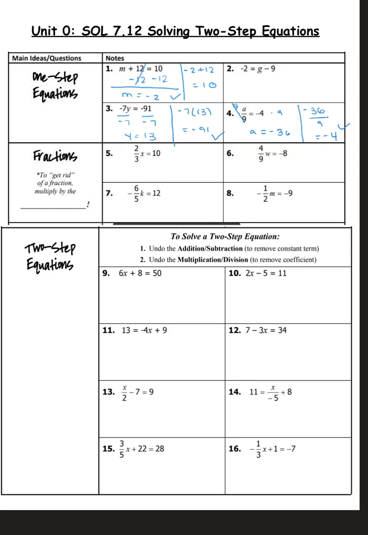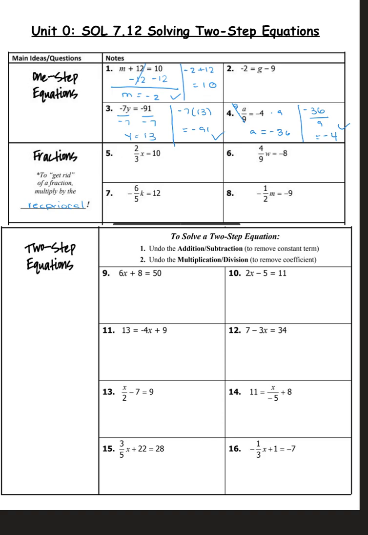All right, let's quickly take a look at one of the fractions. So remember, with fractions, we always multiply by the reciprocal. To get rid of the fraction, you multiply by the reciprocal. And what I mean by reciprocal is you're going to flip your numerator and denominator.